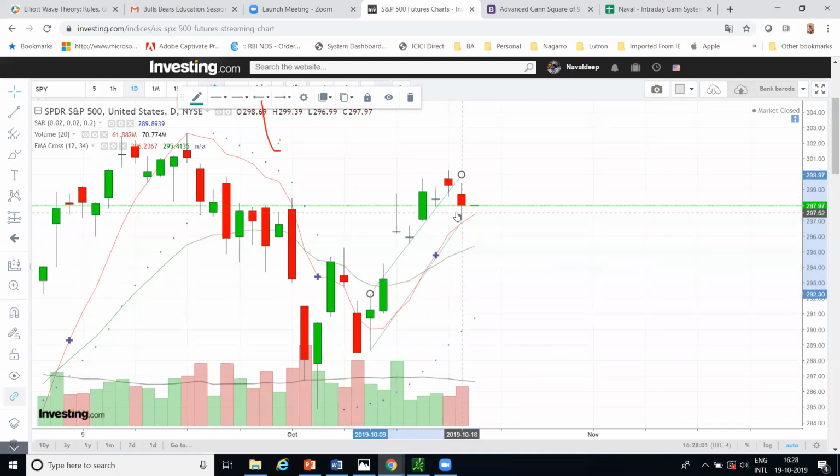So from the previous days, you will anticipate that the next Monday morning, the session should open above the 50% of this candle, which will be around 298.19 something. You can draw the percentages and it will give you the exact 50%.